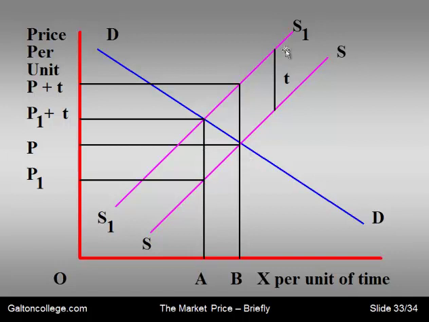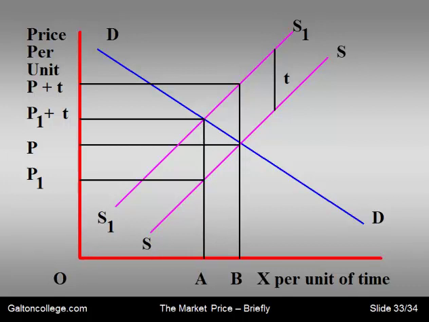So if we take the tax here, we can break this line into two parts: the amount paid by the consumers and the amount paid by the producers. It's the same line, except this part down here is now paid by the producers, and this part up here is paid by the consumers.